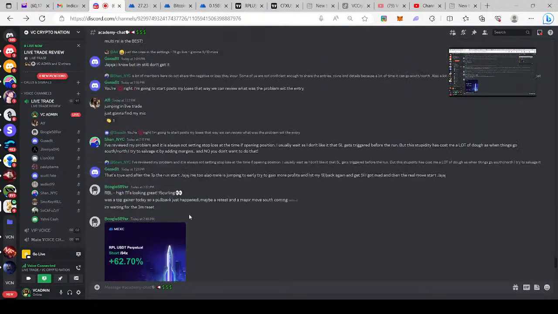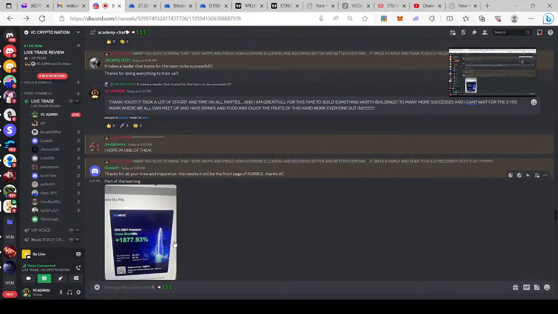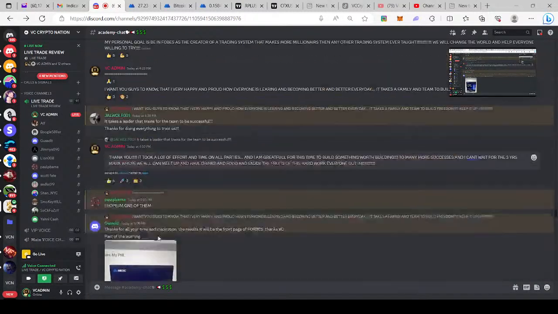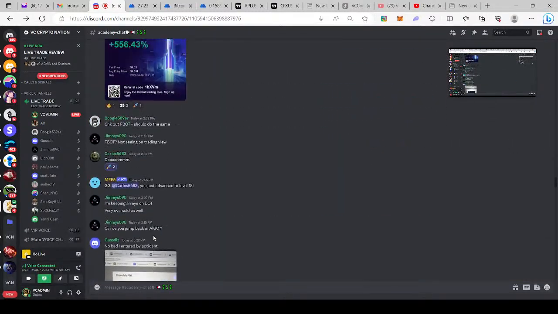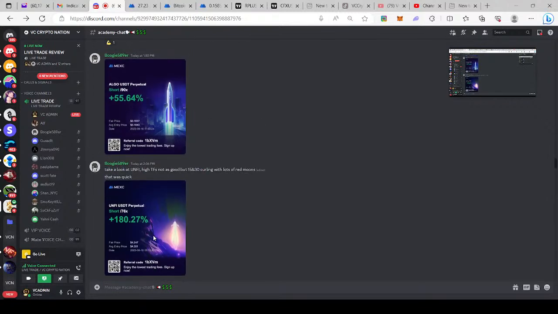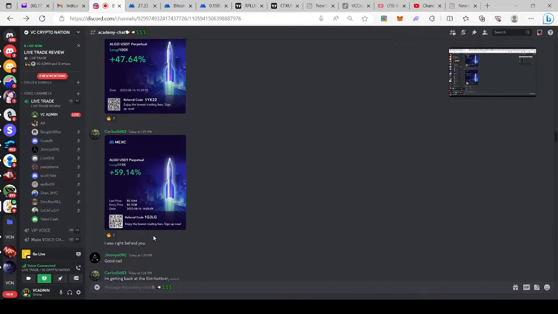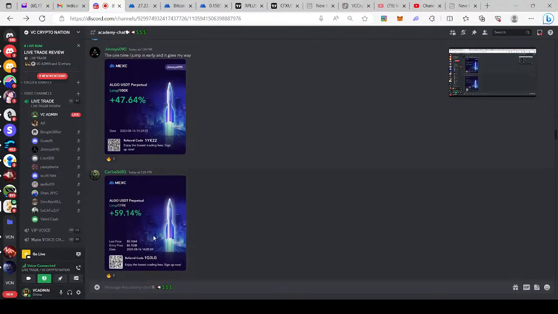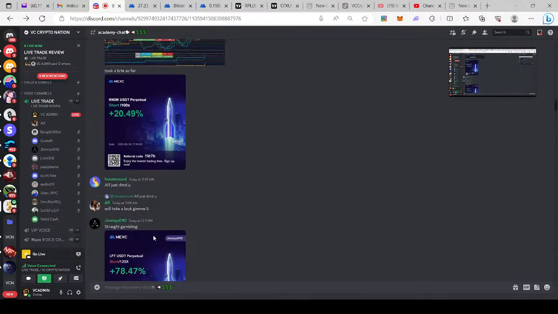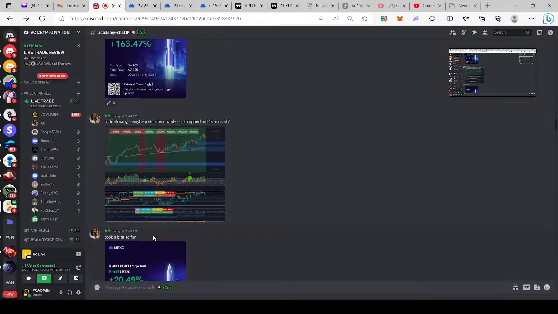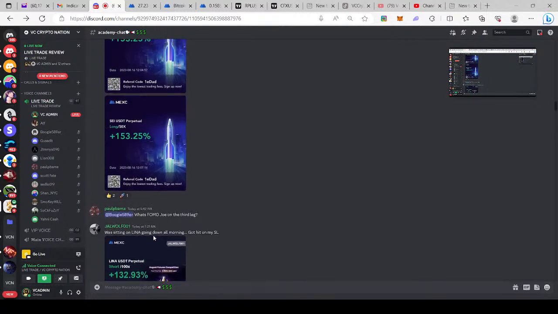All you see is guys posting, averaging 62%, 100, Gus over here with 1800%, then guys with 400%, Boogie 500, 180, 55, 100, 115. It's ridiculous. 30% of 4,000, guys, is $1,200. See what I'm saying?